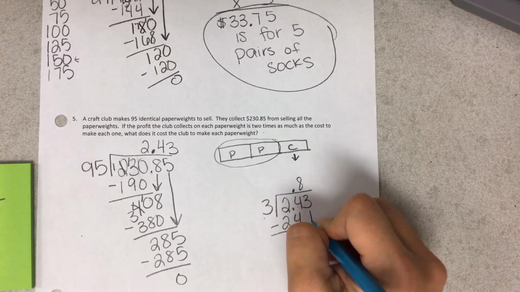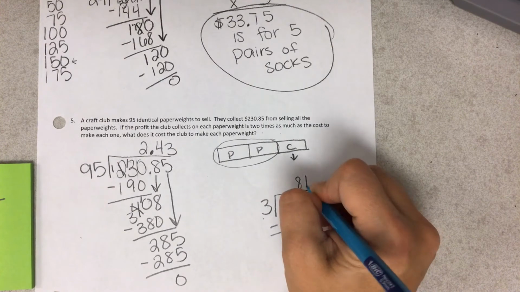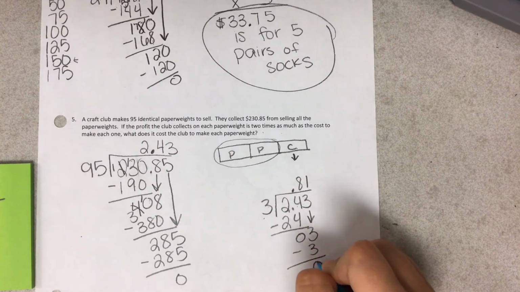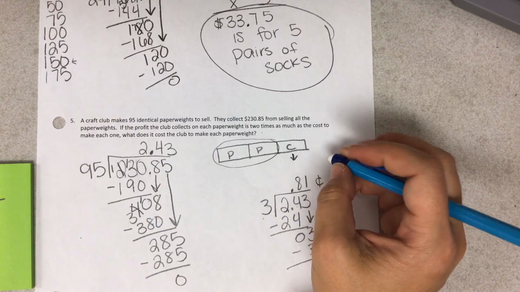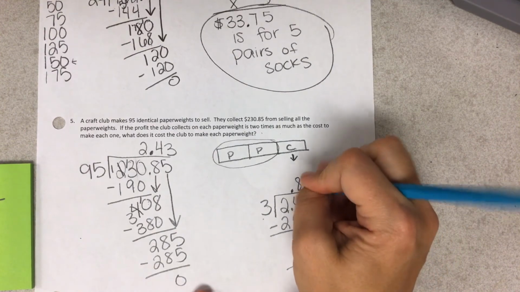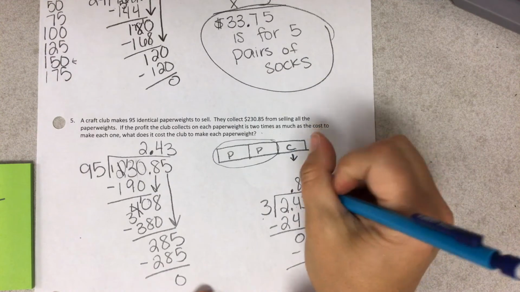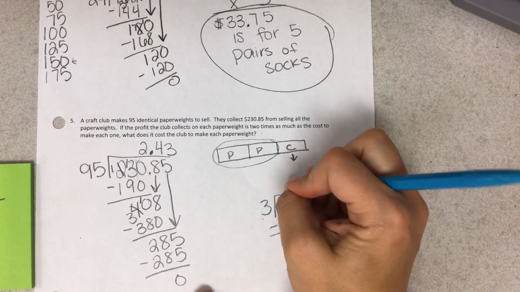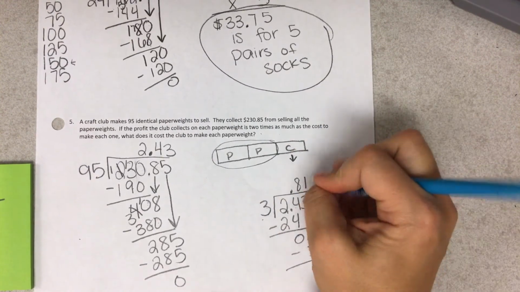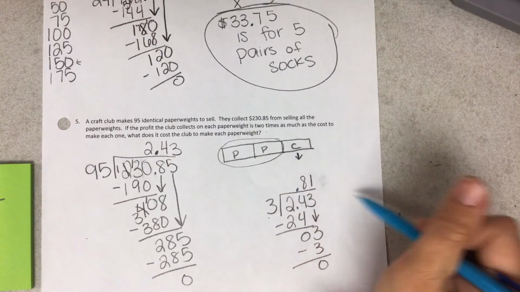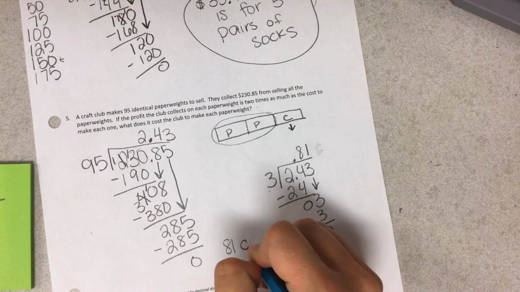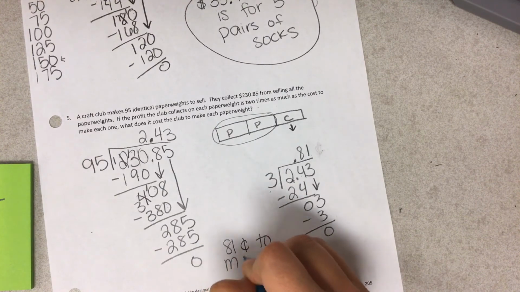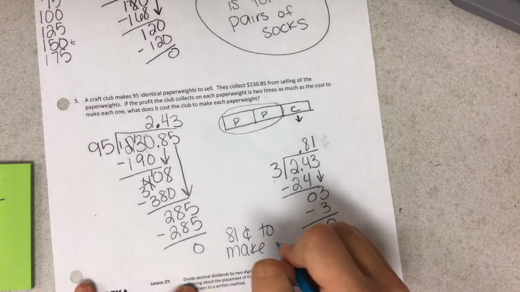Bring down my 3. 3 goes into 3 one time, minus 3 equals 0. So we're talking 81 cents. I don't want to put a cent sign with that decimal because that's saying 81 cents. So it costs 81 cents to make a paperweight.